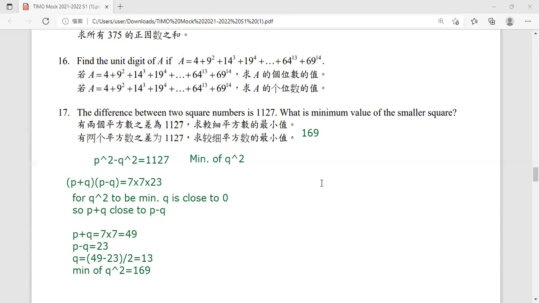And if I want to find the maximum value of Q squared, you mean the maximum Q squared?